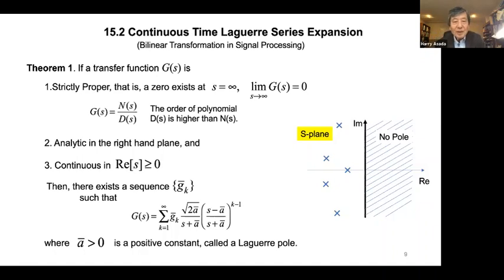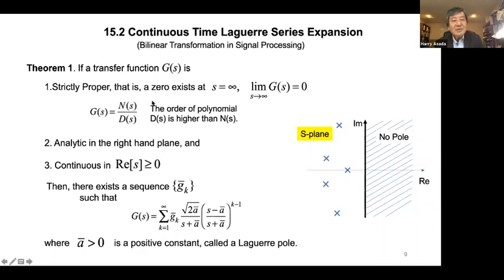Okay. So we deal with G(s), just a standard transfer function. Now this actually has a zero at infinity. That means, looking at the polynomials, numerator versus denominator, if the denominator's order is higher than the numerator's, as s tends to infinity this becomes zero, right?